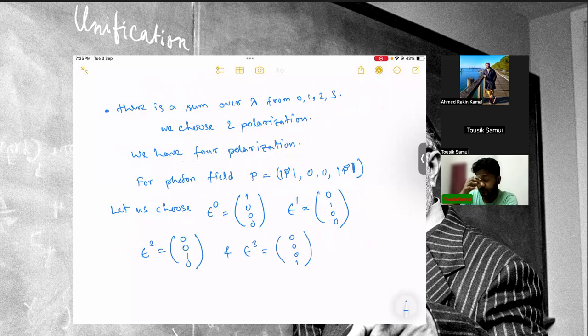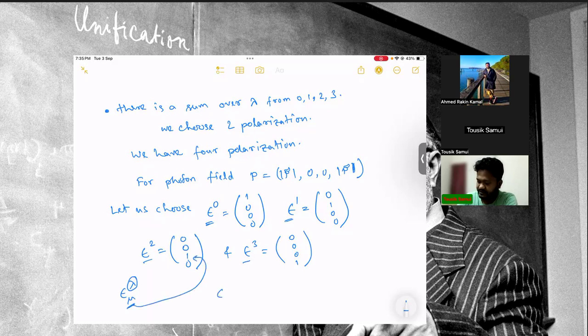Okay, so epsilon, if you remember, has one index lambda and another index mu. What do these represent? This lambda is which basis vector we are choosing, and this mu index represents which component we are choosing.